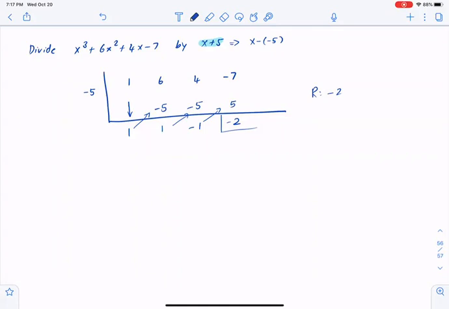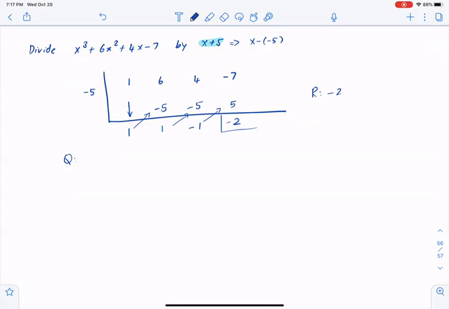But before we move on to the quotient or writing it down, we've got to keep in mind that if the numerator starts with the degree 3, the quotient must start with 2. If the degree of the numerator is 4, the quotient must start at 3, and so forth.